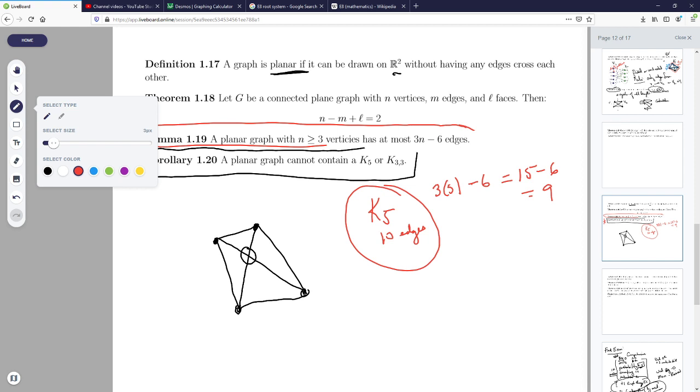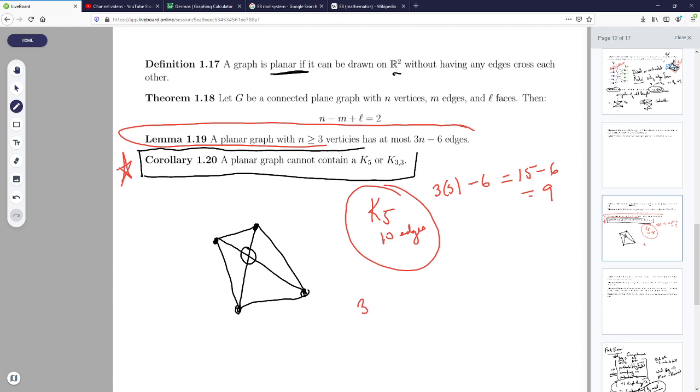So what about the utility graph? It can have at most 3 times 6 minus 6 edges. And how many edges does it have? I'm not sure that this is actually the right proof that gets you there, but that'd be 18, minus 6, so it would have to have 12 or fewer edges. And so the question is, does it?